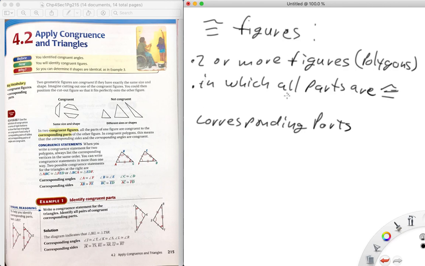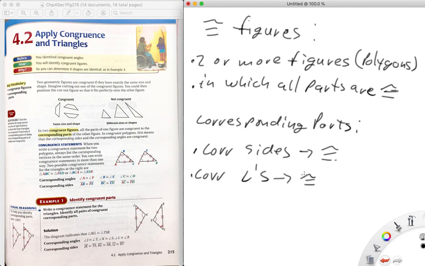It's those corresponding parts that are congruent. In this case, we're going to have corresponding sides and corresponding angles, and they're going to be congruent if I'm dealing with congruent figures. The parts that make up those corresponding parts are corresponding sides and corresponding angles.